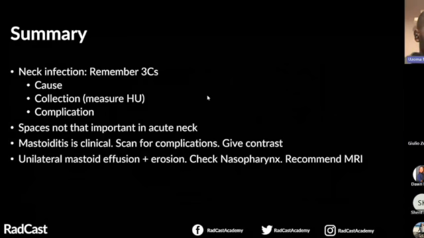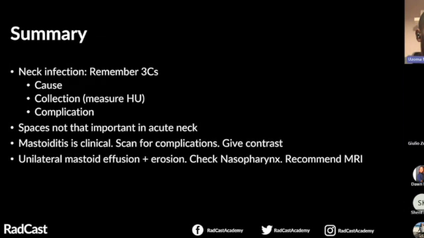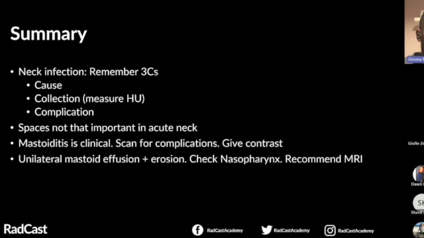So in summary, with neck infections, remember the 3 C's. So you're looking for a cause, looking for a collection, and then looking for any complications. Spaces, don't obsess over spaces in neck infections. Describe stuff in terms of regions, so the submental region, or you can say parapharyngeal region, perimandibular region.